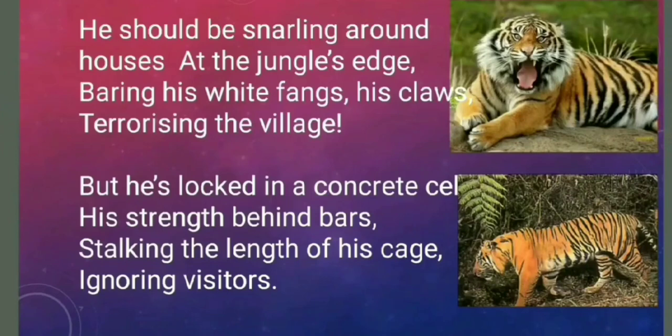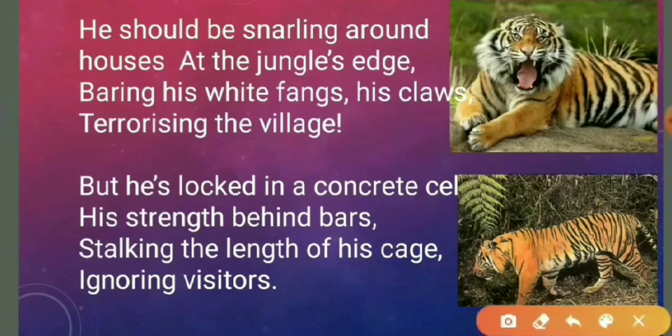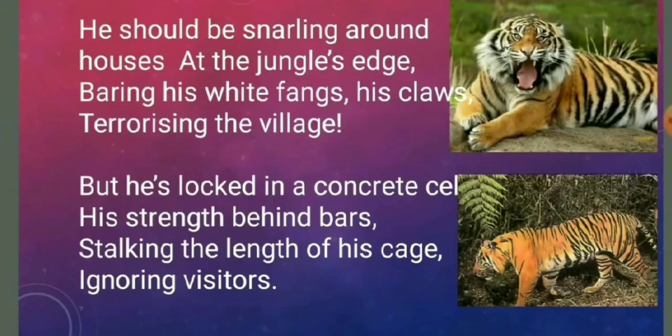Next poetic device is consonance. We can see the effect in this line, baring his teeth, sound of S. Fangs, his claws, effect of S is prominent, that is consonance. Next poetic device is onomatopoeia, that is the effect of the sound.